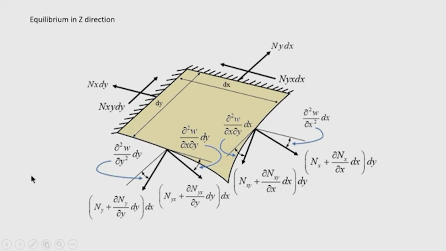Here, for simplicity, we have taken two adjacent edges as fixed. It is not necessary for the derivation that one should take these edges as fixed. We are taking these edges as fixed because we are measuring the change of slope at the opposite edges from a datum which has 0 slope.